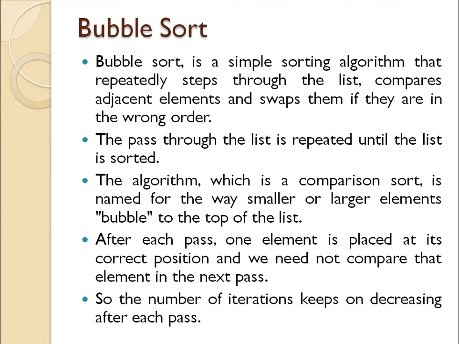So when you move through the list once, one element will be placed at its correct position. In the second pass, the second element will be placed in its exact position. So the number of iterations keeps on decreasing after each pass. Okay, so this was the working of bubble sort.